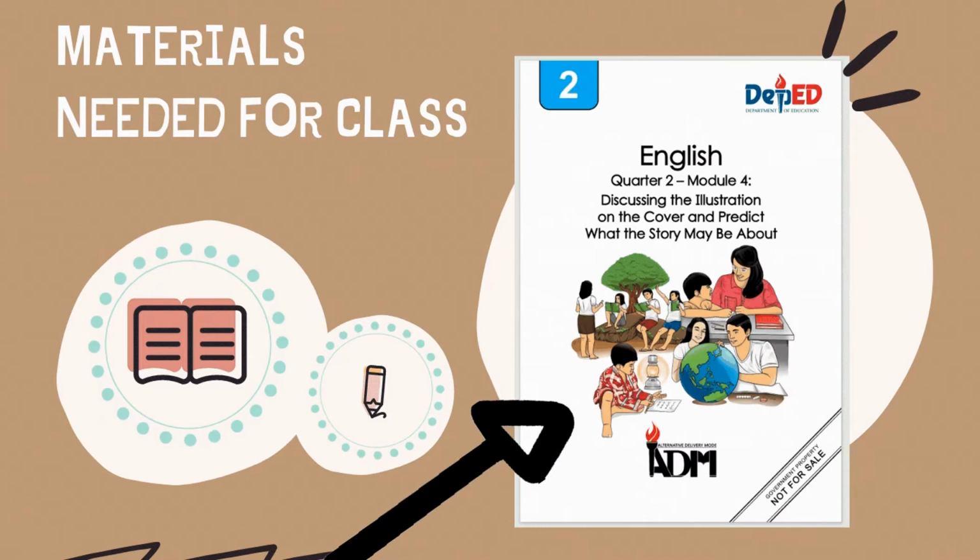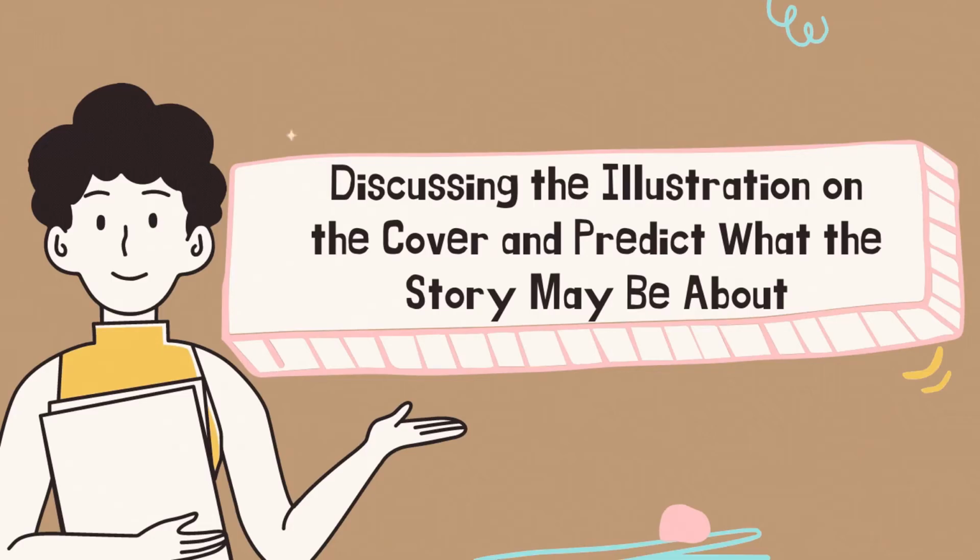This time, let's start. Our lesson for today is about discussing the illustration on the cover and predicting what the story may be about. Did you know that sometimes when you pick up a book, you just know it's going to be good?